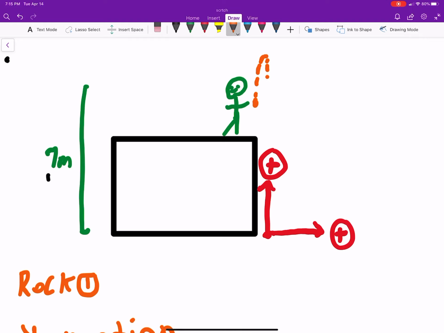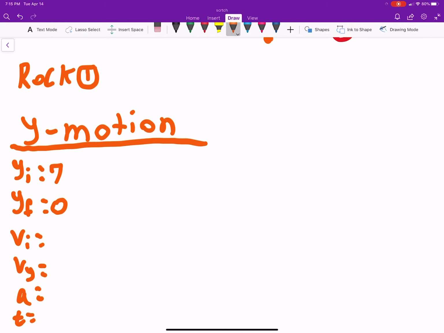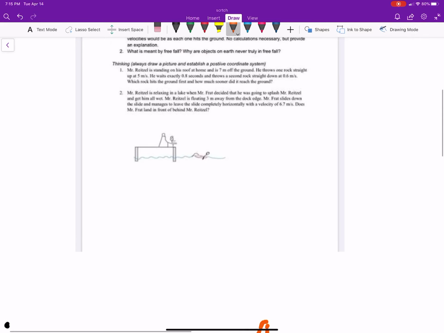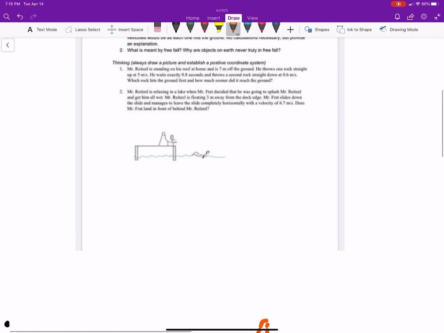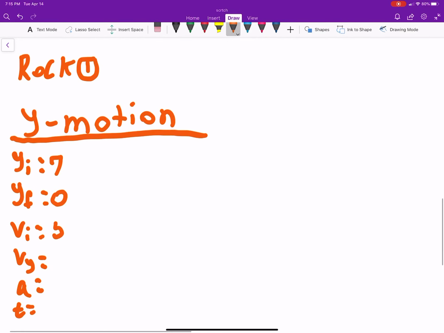He throws it up, it goes down, and it ends up on the ground at 0. The initial velocity, I believe it gives us in the question, 5 meters per second. We don't know the velocity it hits the ground with, but we know the acceleration is going to be g.